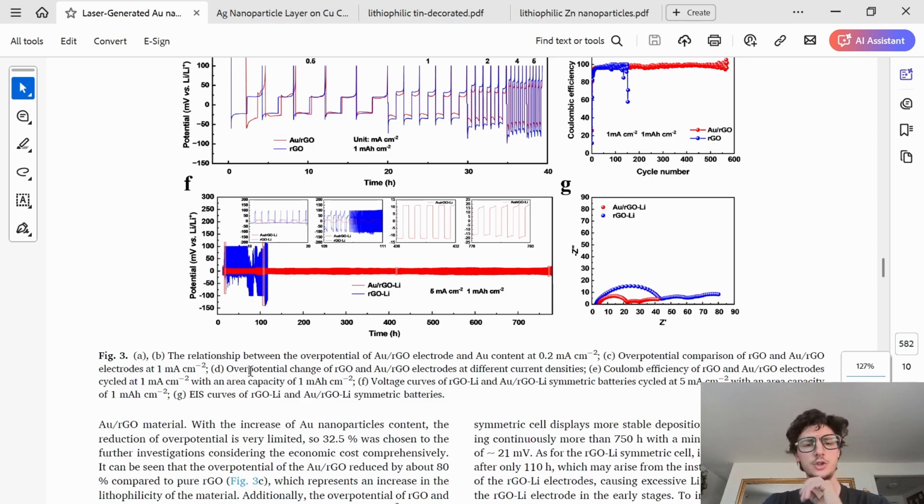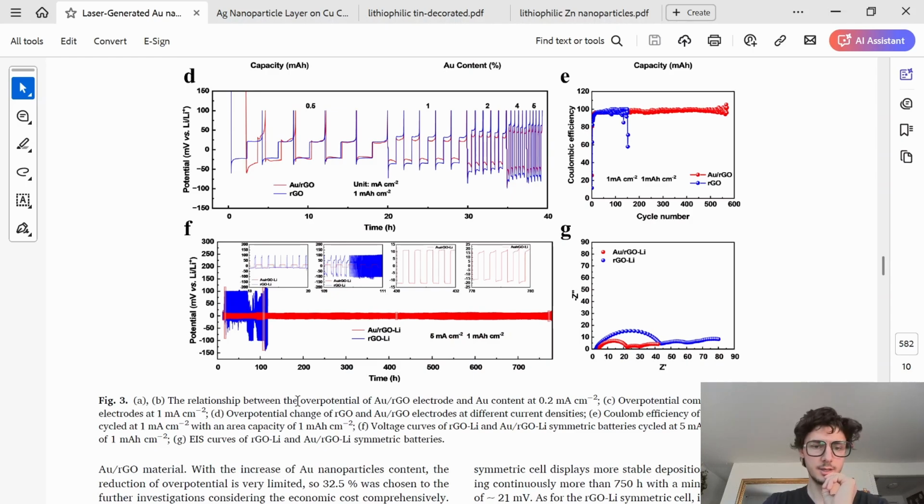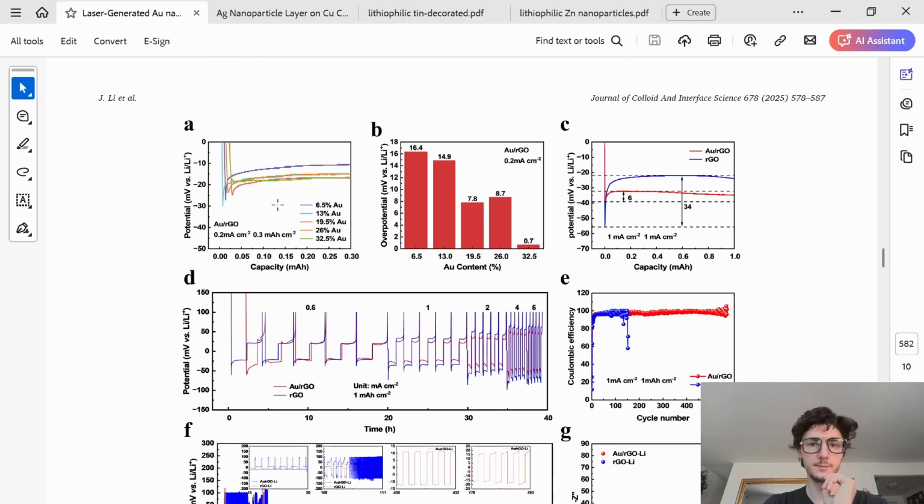We got A and B, the relationship between overpotential of gold reduced graphene oxide electrode and gold content at 0.2 milliamp per centimeter squared. So this graph here, potential as a function of capacity, and this is called the overpotential, right? A and B over here.